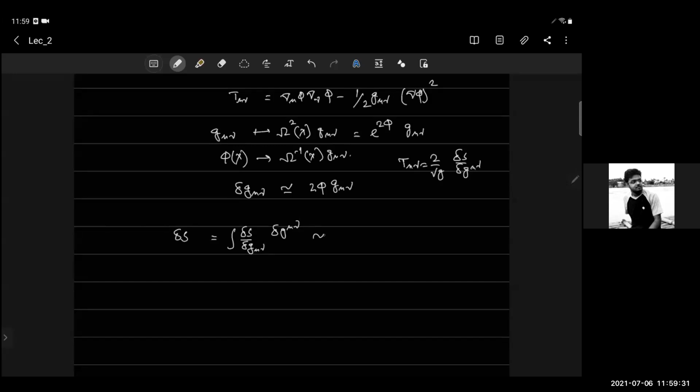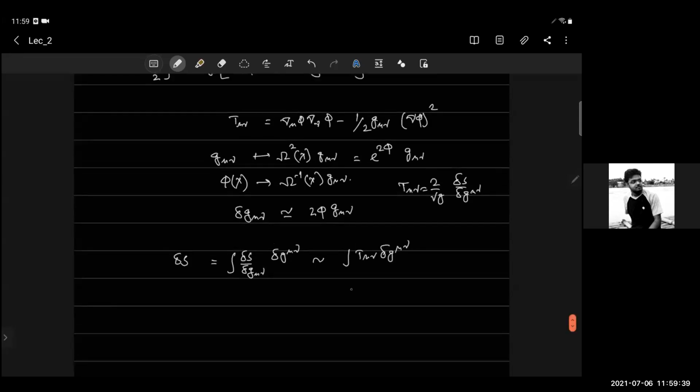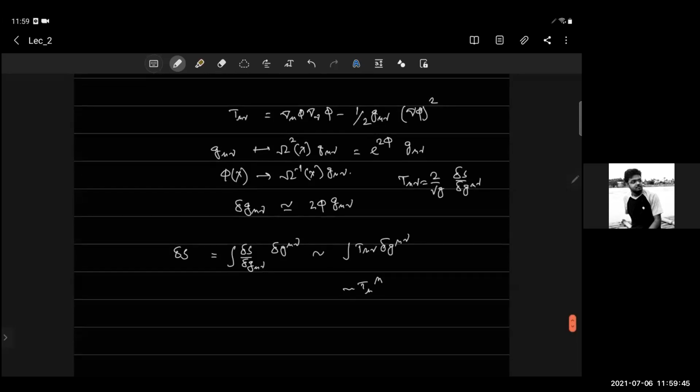So you can write it as T mu nu delta g mu nu. And delta g mu nu is proportional to g mu nu. Therefore, it's nothing but the trace of the stress tensor. Now you demand that the action is invariant under the Weyl transformation, which means that delta S is 0. Therefore, the immediate consequence is the tracelessness of the stress tensor.